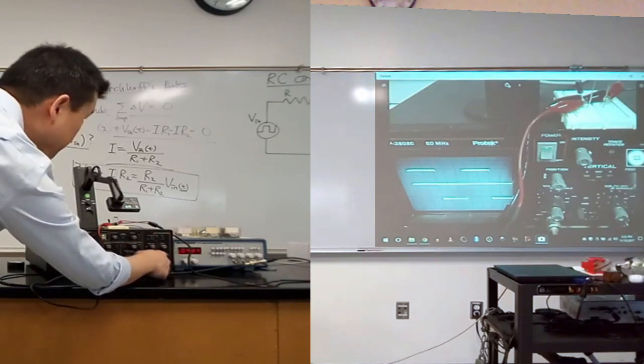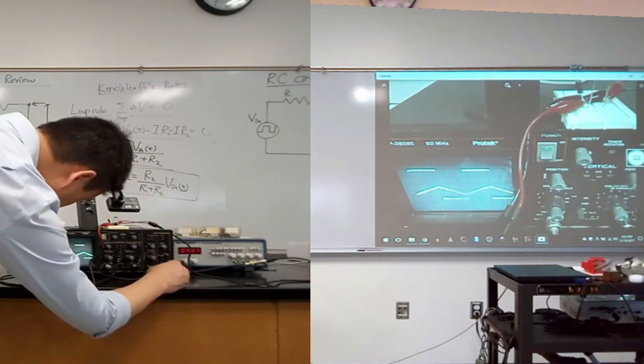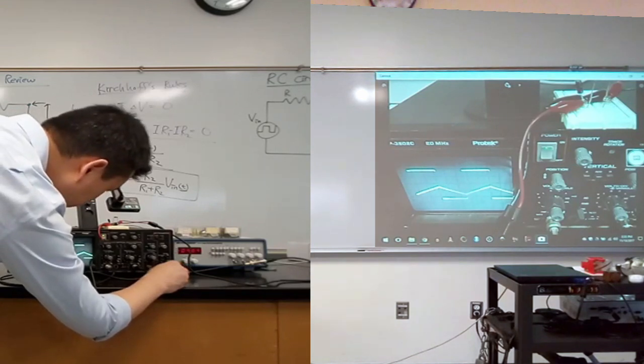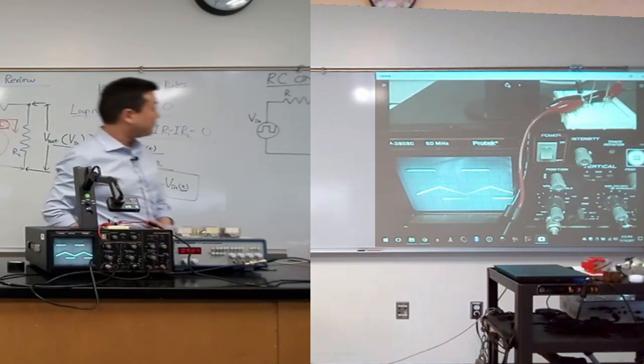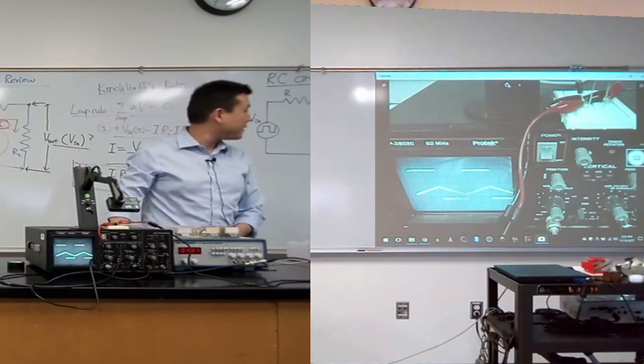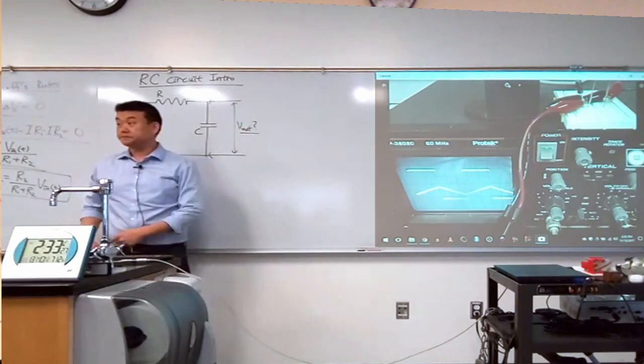Just so you know, the scale for channel B is 10 times the scale for channel A. What's going on here? Why is this so much smaller?